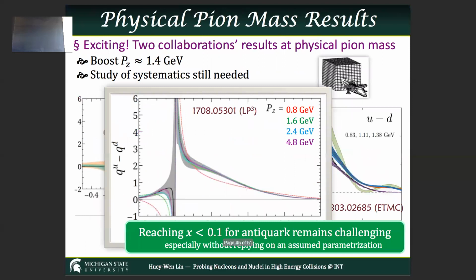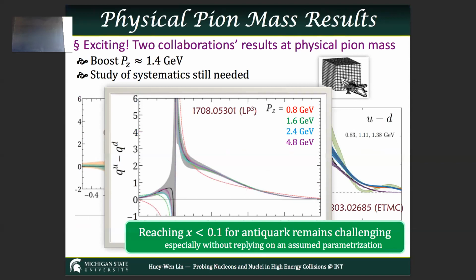Let me see, I have that slide. Yes, this is assuming we can do very large z measurements, up to 10 or 30, in this case probably 32, which gives you very large zPz in the Fourier transformations. And assuming you don't have to worry about all the other issues, then you can recover most of the quark regions down to certain small x regions.